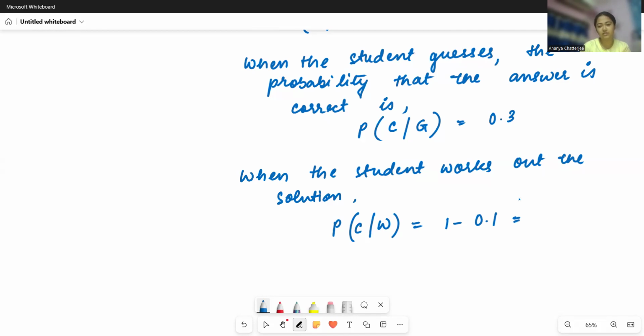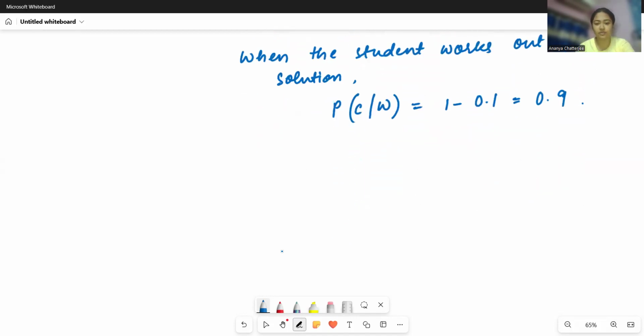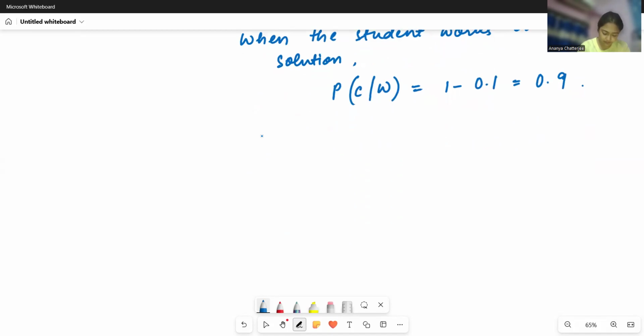Then the probability of getting the answer correct is 0.9.